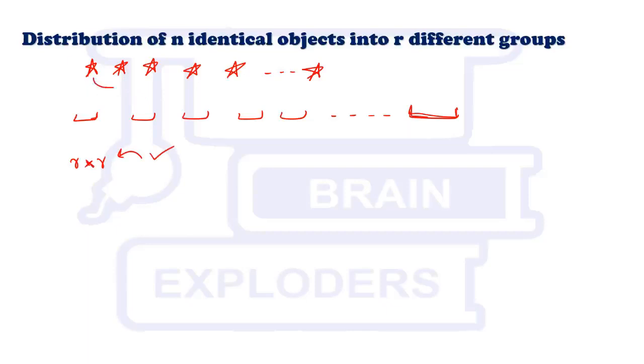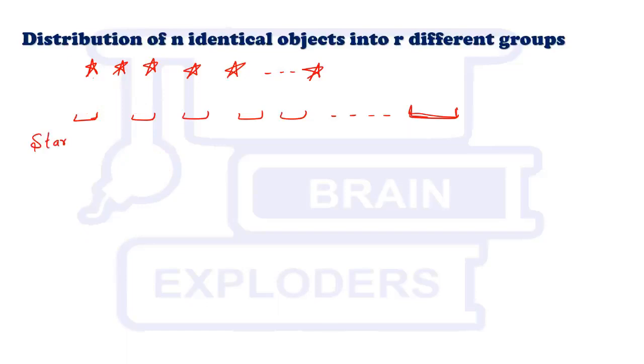Next possibility is that the first star goes in the second group and the second star goes in the first group. This possibility is also taken into consideration, but since the objects are identical, both of these cases will be treated as the same, and that is why this approach is wrong. So we cannot do it like this.